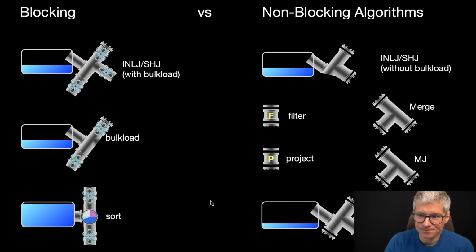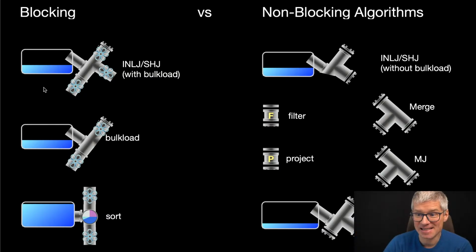Okay, so here's an overview of the different operations. Simple hash join, as you should know, is a special case of index nested loop join. We talked about that as well. This join operator is blocking with respect to its left input. It doesn't do anything; it first has to consume its entire left input.